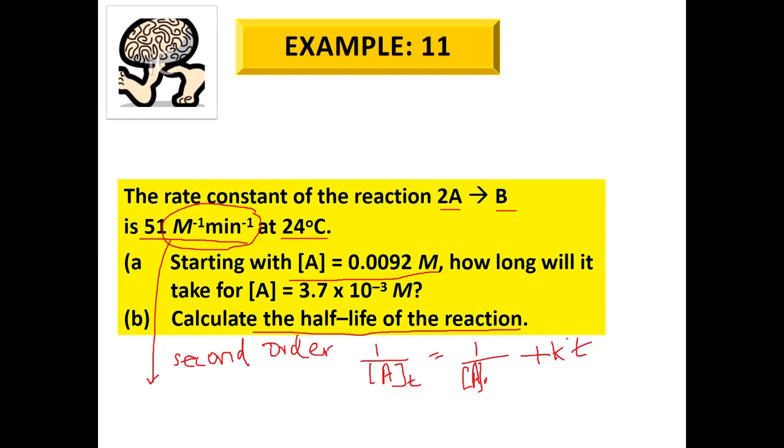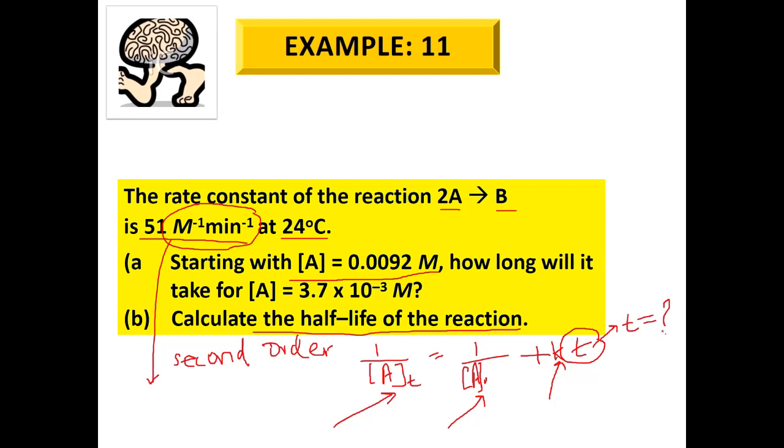So you have the value of k, you also have the value of [A]0, and also the value of [A]t. Then only you can find out your t.